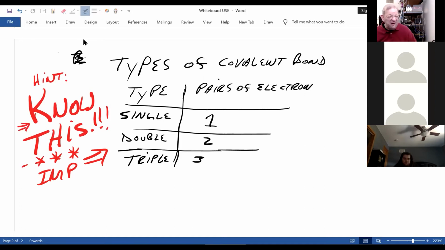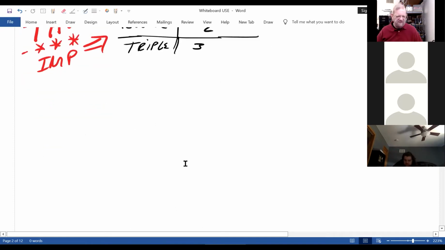If I put IMP and an arrow, I better know this. And guess what? Oh, there are the 3 stars and IMP arrow. You should know. Single bond, 1 pair of electrons. Double bond, 2 pair of electrons. Triple bond, 3 pair of electrons.